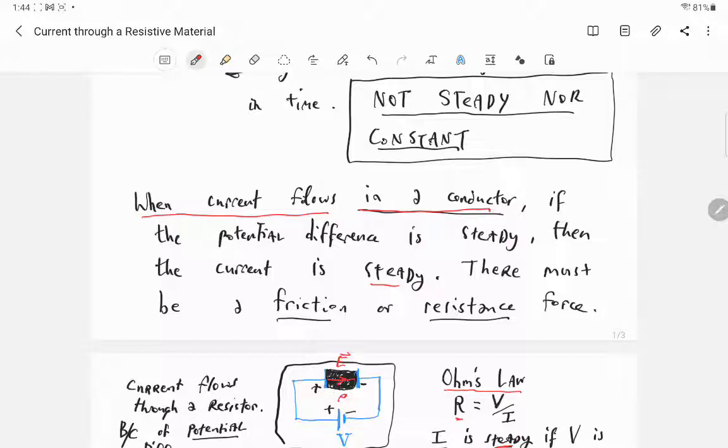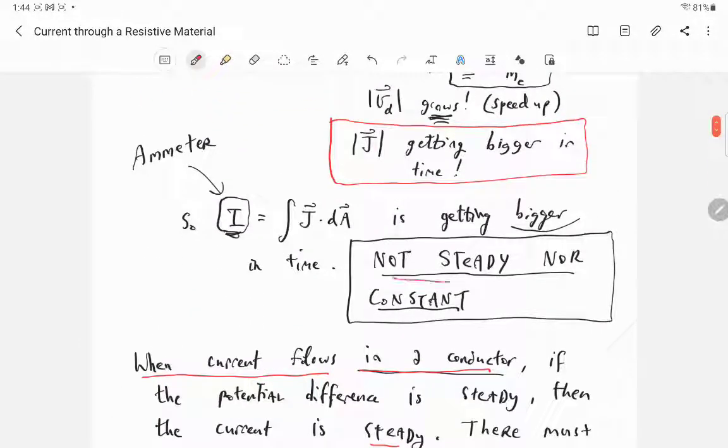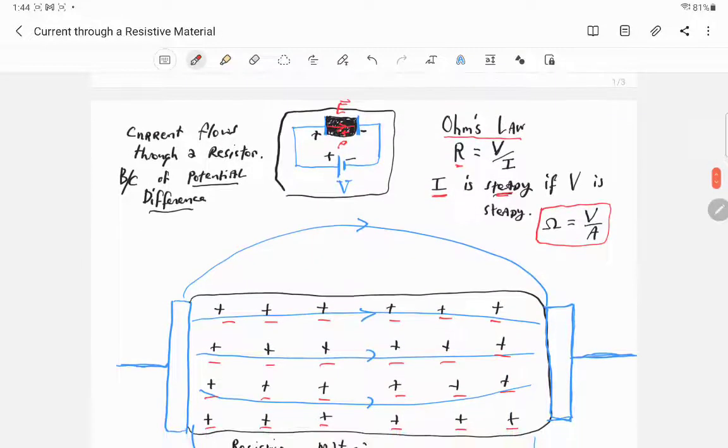And I'm going to put this little symbol for resistivity. So that means that as the charges go through this conductor, they're going to meet resistance, which is going to cause the current to be steady instead. All right?